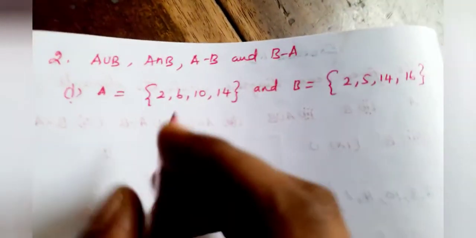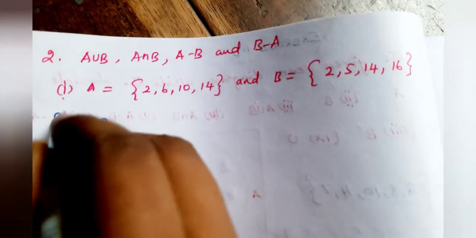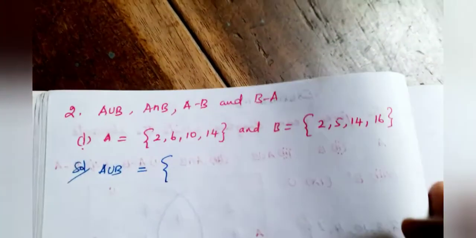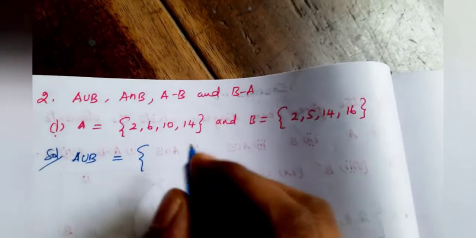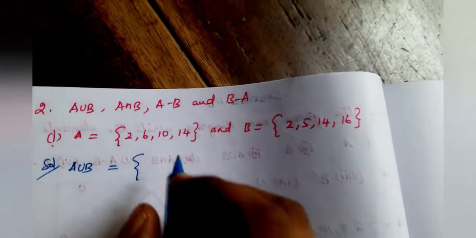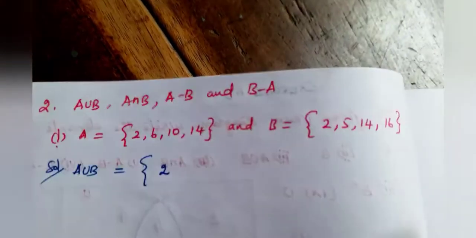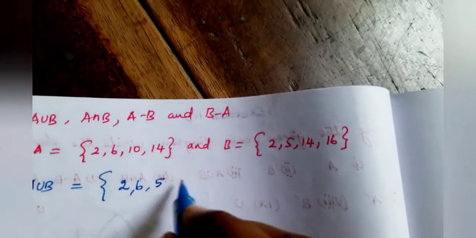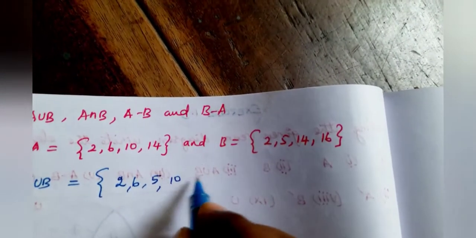First we shall find A union B. Just write all the elements of A and B together and remove the repetition. 2 is repeating here, so you can write it one time. Then 6 and 5, 10, but 14 is repeating here, so you can write it once.